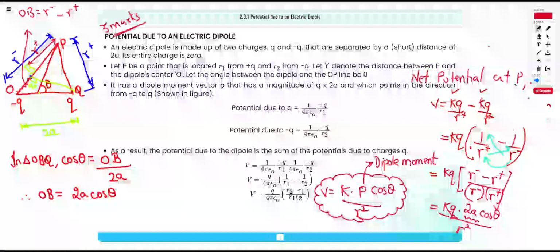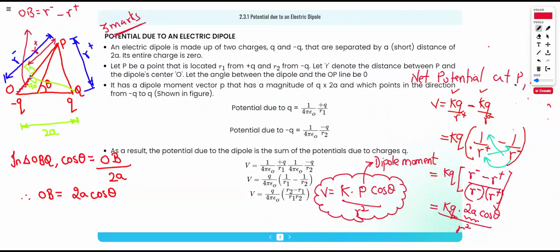First at 90 degrees, second when it is along the line joining the two charges, third when it is anti-parallel. This can be asked for 1 or 2 marks in your MCQs or assertion reasoning questions.